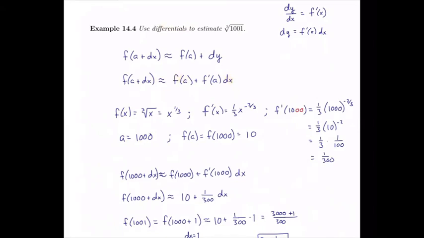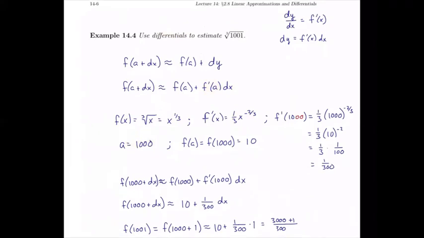We've got most of those things already. Notice we're going to need the derivative of f now that we've settled on what the function is. Well, that's x to the 1/3. Its derivative is 1/3 x to the negative 2/3. So we're ready to use that. Now we should evaluate f prime at a, right? Well, a is 1000. F prime of 1000 is just a matter of plugging 1000 into that expression, as we've done over here.